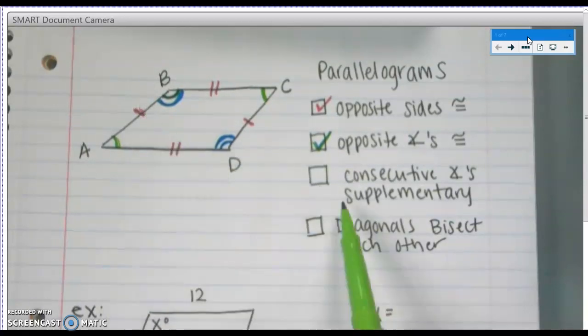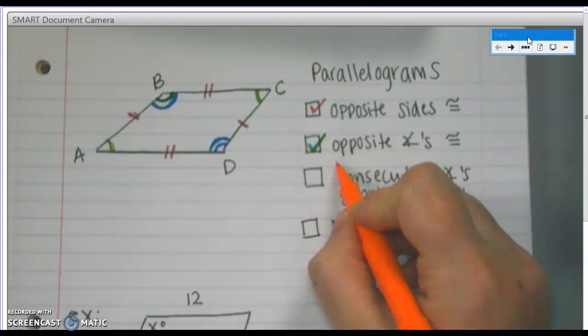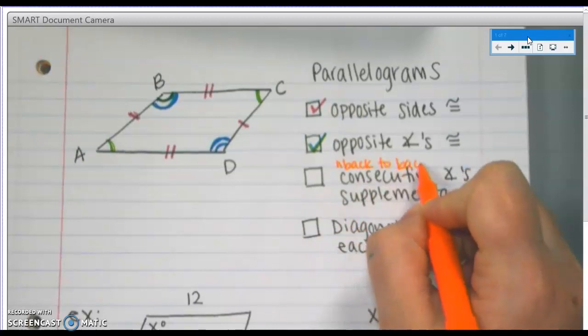All right, consecutive angles are supplementary. So consecutive, just think about where you've heard that term in normal life. When things happen consecutively, they happen kind of back to back. So I refer to these as back-to-back angles.